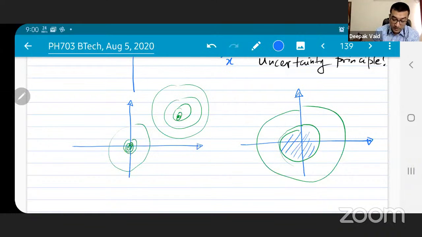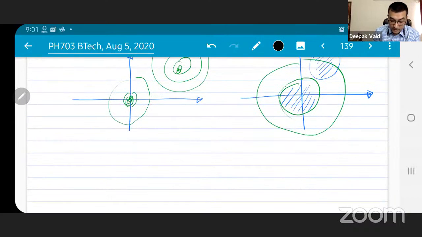For a quantum particle, you can imagine having a trajectory like this, but around this trajectory, there is always a region whose area is around A naught. So it's like a fuzzy ball moving around in the phase space. You cannot have a single point, a well-defined trajectory. Instead, you have a fuzzy trajectory. Right? So this is an example of the uncertainty principle at work.